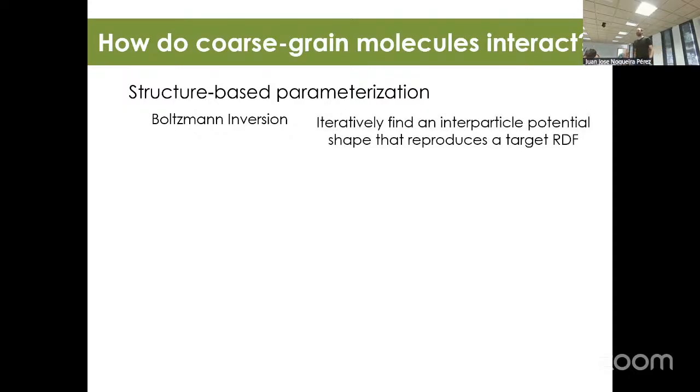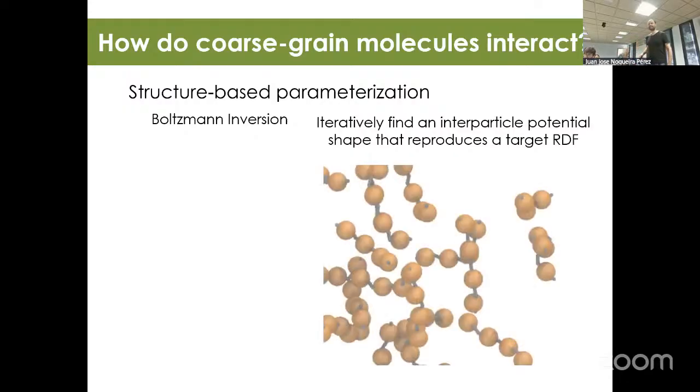The idea here is we want to find the interparticle potential, the interaction potential, that reproduces a target RDF. Who knows what an RDF is? Okay, not so many people. So an RDF is essentially the following. I'm going to exemplify along with the coarse-grained example.